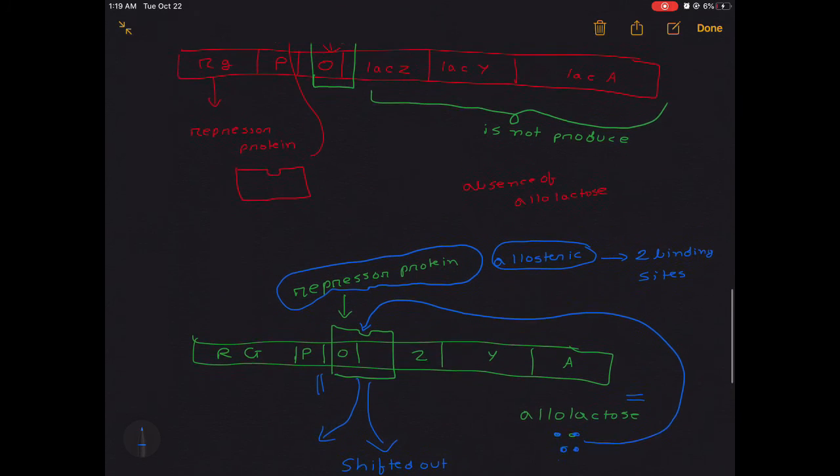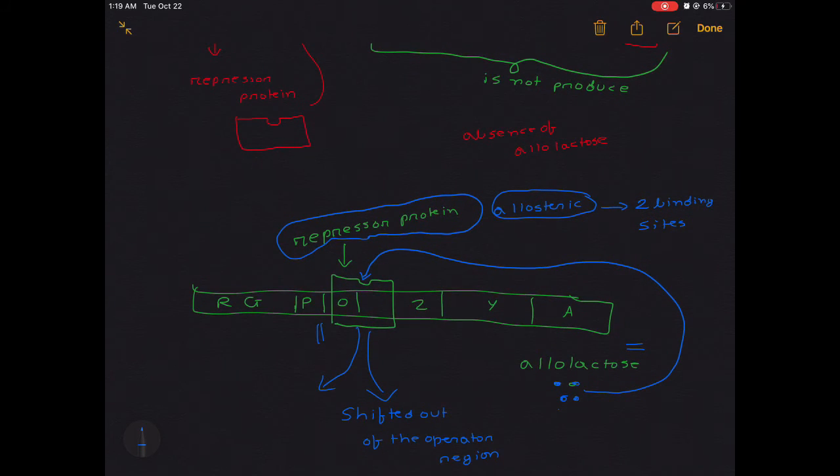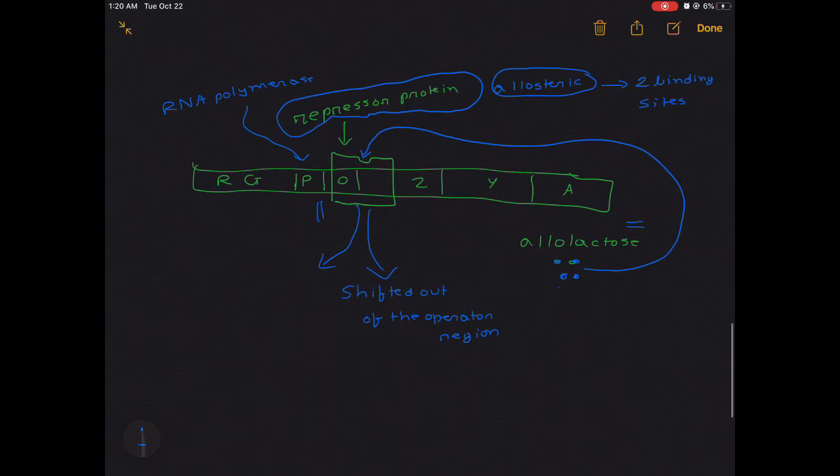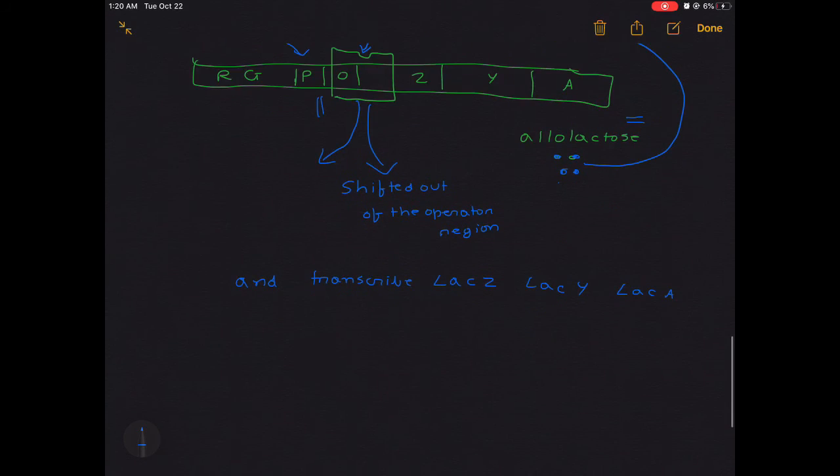And now, as this is now open, our RNA polymerase can bind to the promoter region and transcribe Lac Z, Lac Y, and Lac A to produce their respective enzymes.